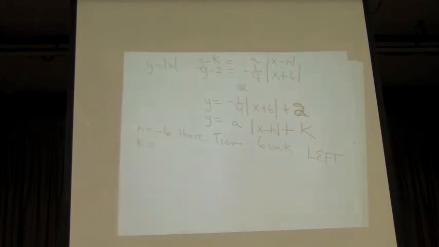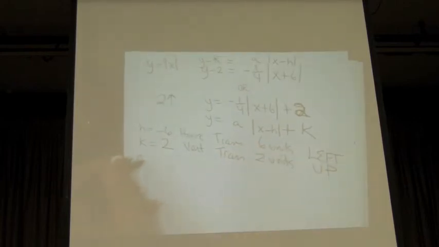Okay? What is the correct value of k? 2. 2 or negative 2? 2. What does that mean? There's a vertical translation 2 units up. What's the value of A on this problem? Negative 1/4.